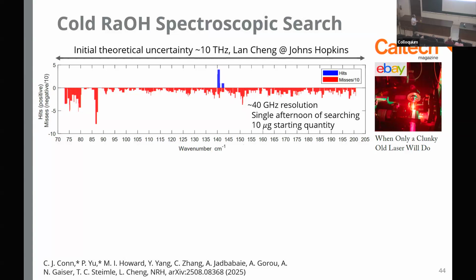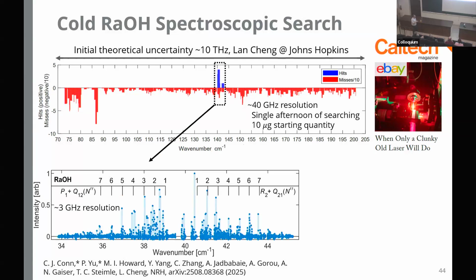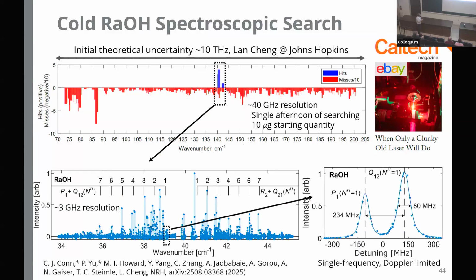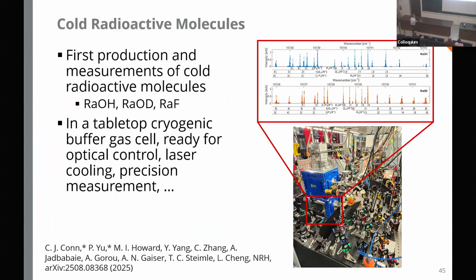Once we find the transition to this resolution, we can then go in with a higher resolution, more modern laser, scan it, start to see things that look like molecular features, and then we can pick these features and study them with a nice single frequency tunable good laser, and get very high quality measurements of the properties of these cold radioactive molecules. So we've taken measurements of 3 different molecules in this apparatus.